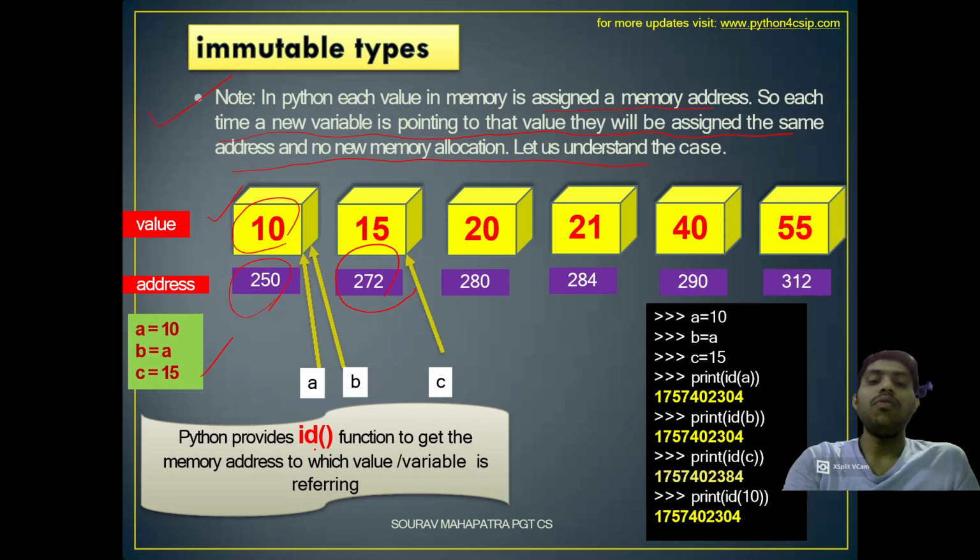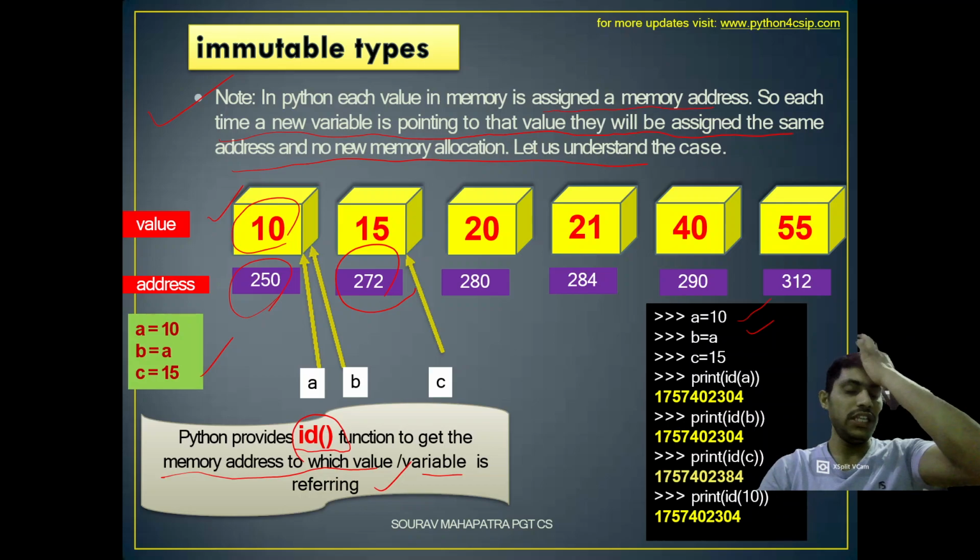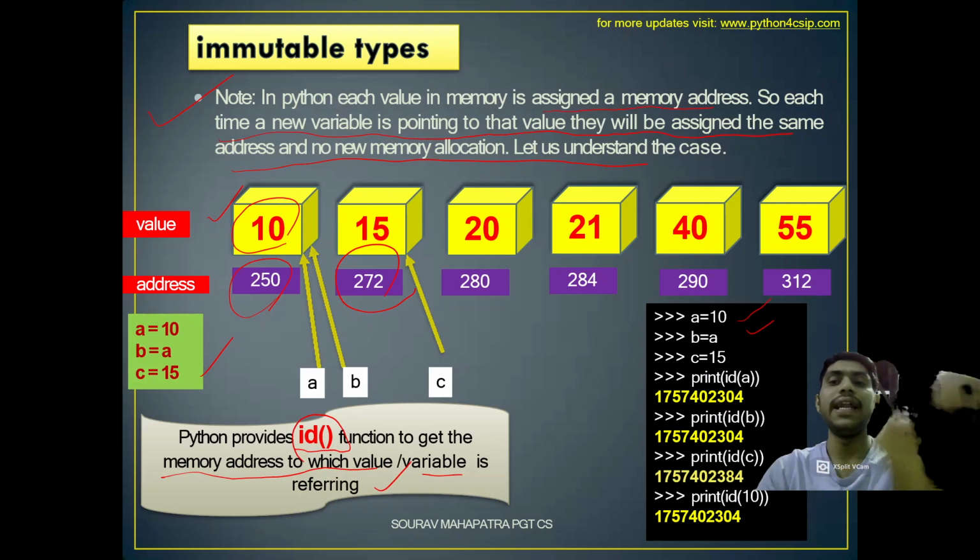Python provides one function, called the id function, to get the memory address to which a value or variable refers. If their value is the same, they point to the same address. If their value is different, they point to a different address.